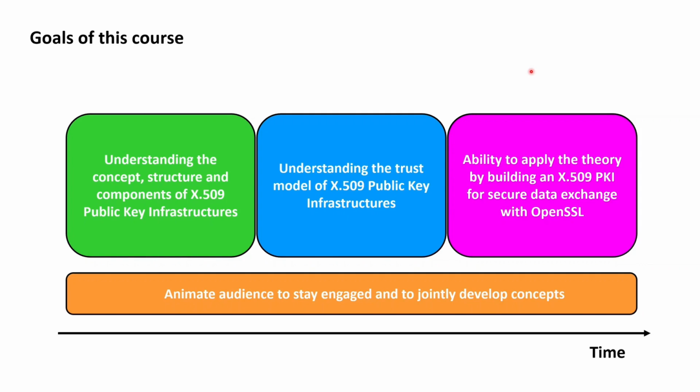In this course, the X.509 PKI is constructed with OpenSSL, which is one of the most popular and most widespread tools available, serving very well most of the use cases of X.509 PKIs and X.509 certificates.